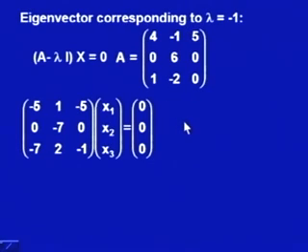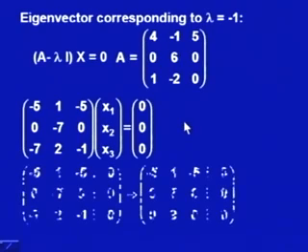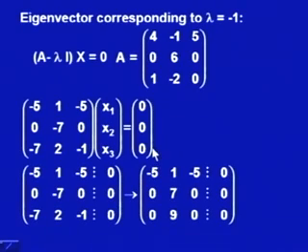This 3 by 3 system is to be solved. To solve this homogeneous system, I will form the augmented matrix: minus 5, 1, minus 5, 0, minus 7, 0, minus 7, 2, minus 1, the coefficient matrix, and this column of zeros is appended here. Then I apply linear transformations so that this can be reduced to an echelon form.